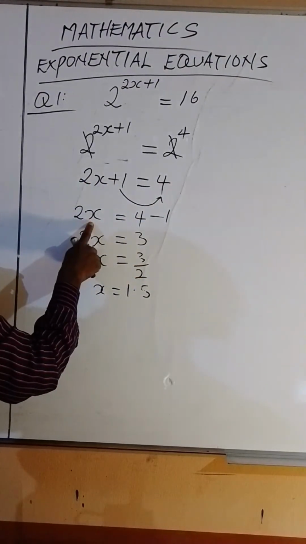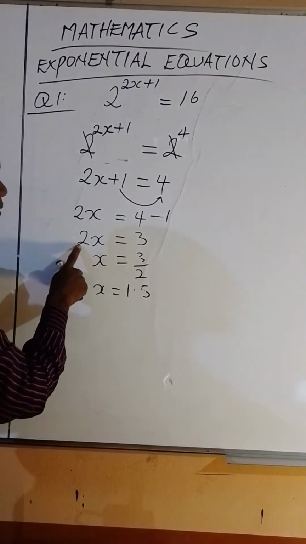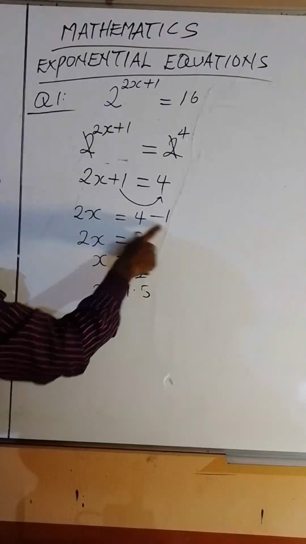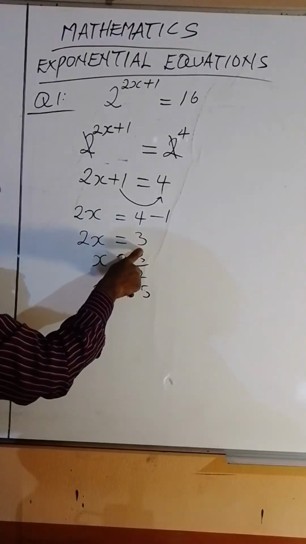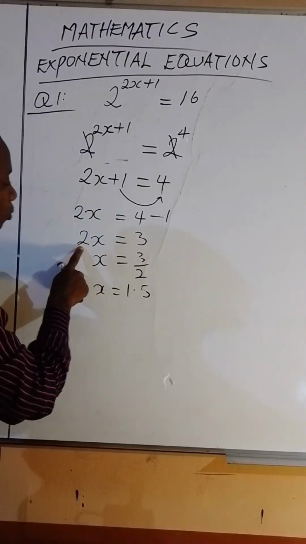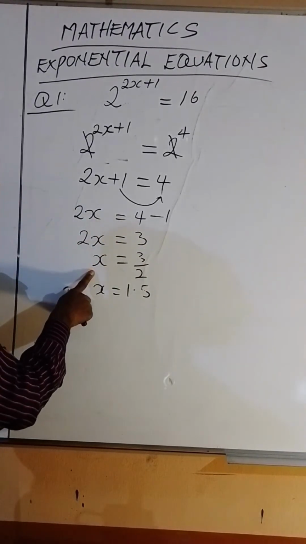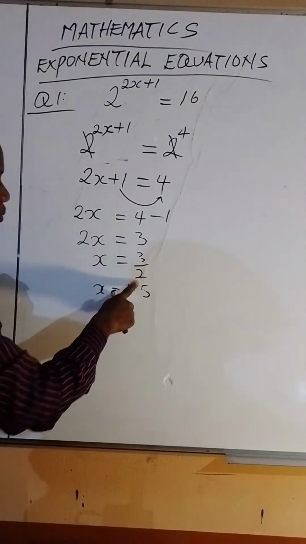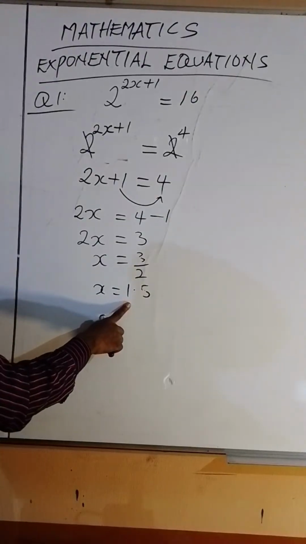Then we are left with only 2x here. 2x gives us 3, because this is 4 minus 1, which gives us 3. Then we can divide both sides by 2, and we obtain x equals 3 over 2, which is 1.5.